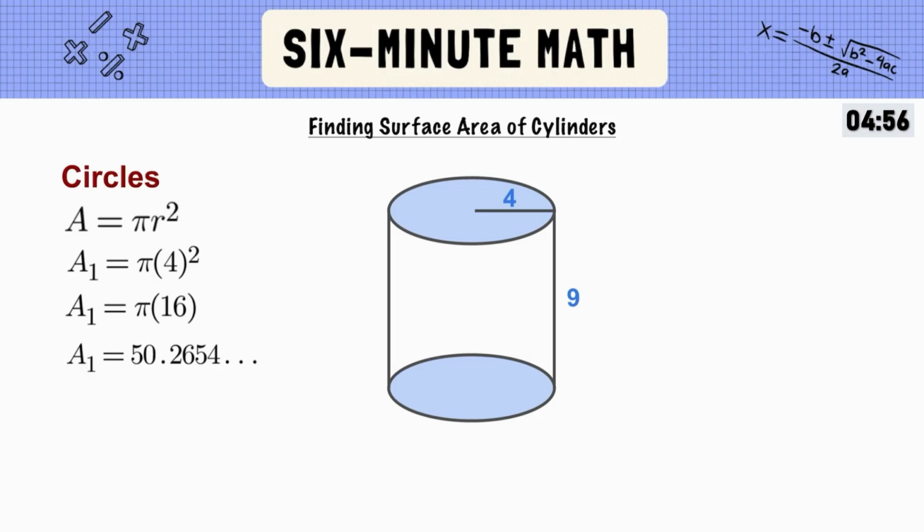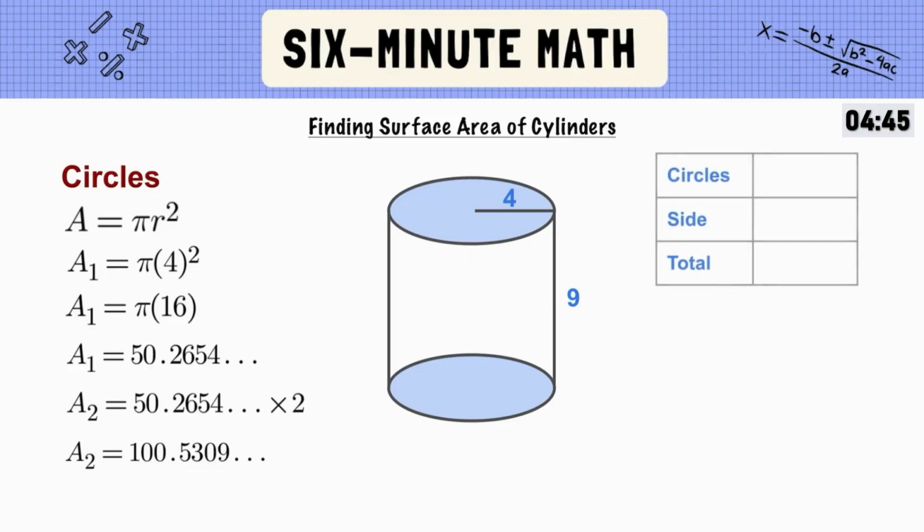We have 2 circles on this cylinder, top and bottom, so I'm going to multiply that by 2 for an area of our circles of 100.5309. So I'm going to plug that into a little chart to help me stay organized.